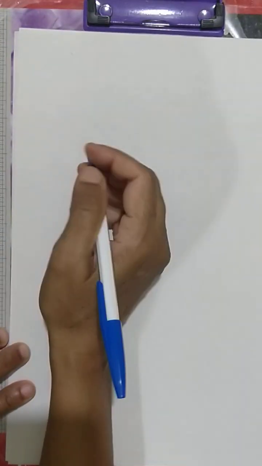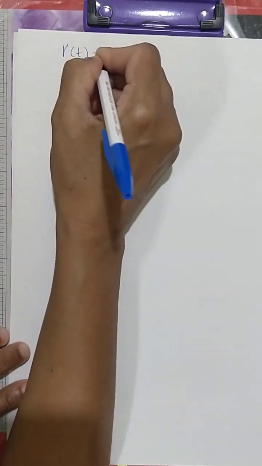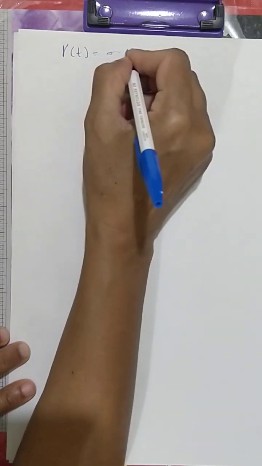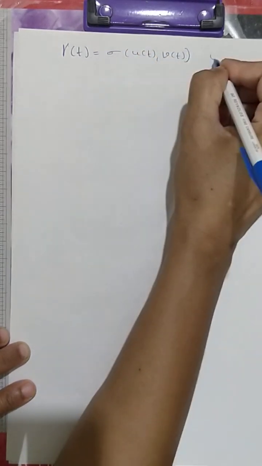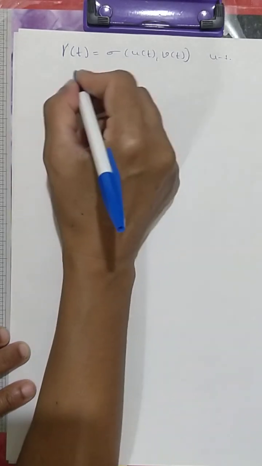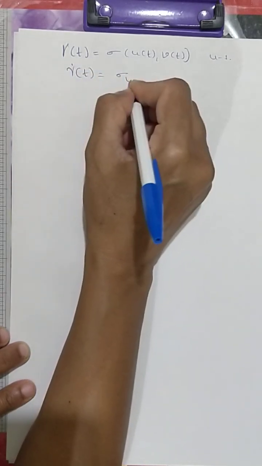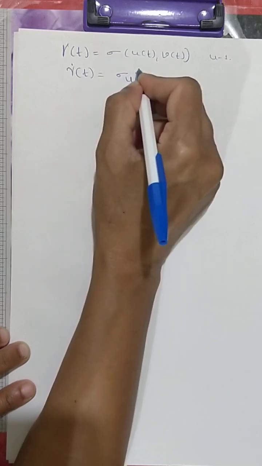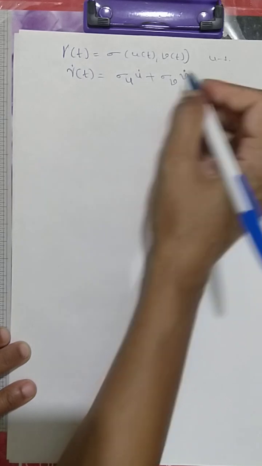Now let me consider the unit speed curve gamma of t, which is given by sigma of u of t, v of t, a unit speed curve. Then what is gamma dot of t? Gamma dot of t is given by the derivative of sigma with respect to u and u with respect to t, plus the derivative of sigma with respect to v and v with respect to t.